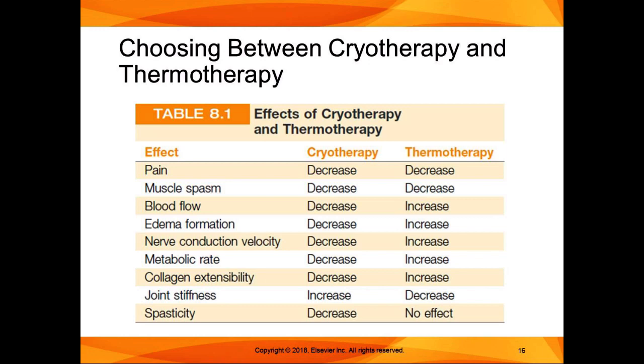It increases nerve conduction velocity, cryotherapy decreases it. It increases metabolic rate and collagen extensibility, where cryotherapy decreases. It decreases joint stiffness, opposite of cryo, and it has no effect on spasticity, whereas cryotherapy can decrease spasticity. So thermotherapy has no effect on it.